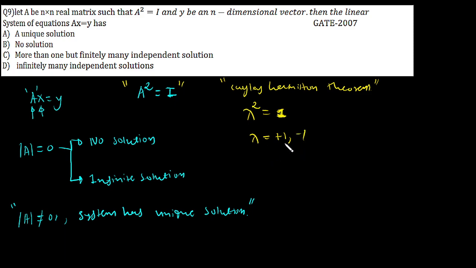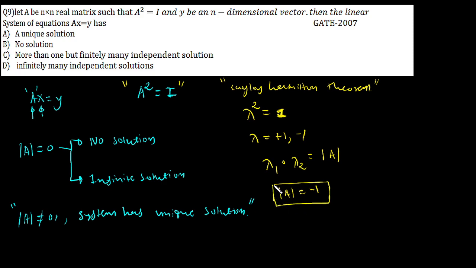Now let's use one more important property of eigenvalues, which states that the multiplication of all the eigenvalues of a matrix is nothing but the determinant of the matrix. So the determinant of A is the multiplication of these two values, which is minus 1.